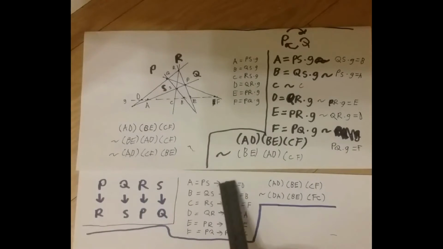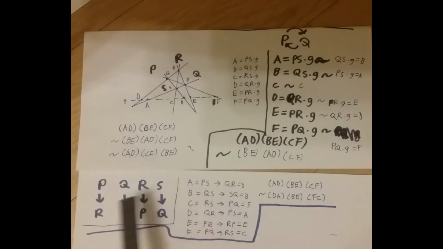Using that kind of notation and this kind of permutation, we find that A used to be called PS, but now P's become R, and S has become Q. So that becomes QR, which is D. And so on and so forth.